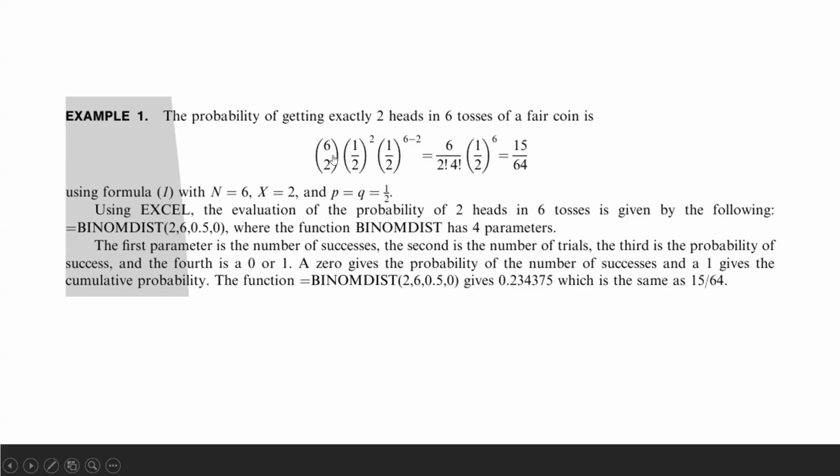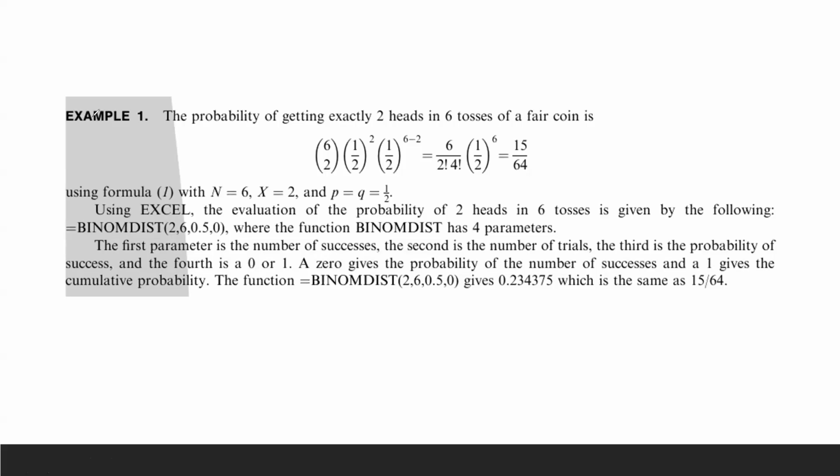Then you can calculate the probability by using 6C2, or this way also you can follow. Then what is the probability of success? 1 divided by 2, no? Then the failure rate you can calculate by using 1 minus P.